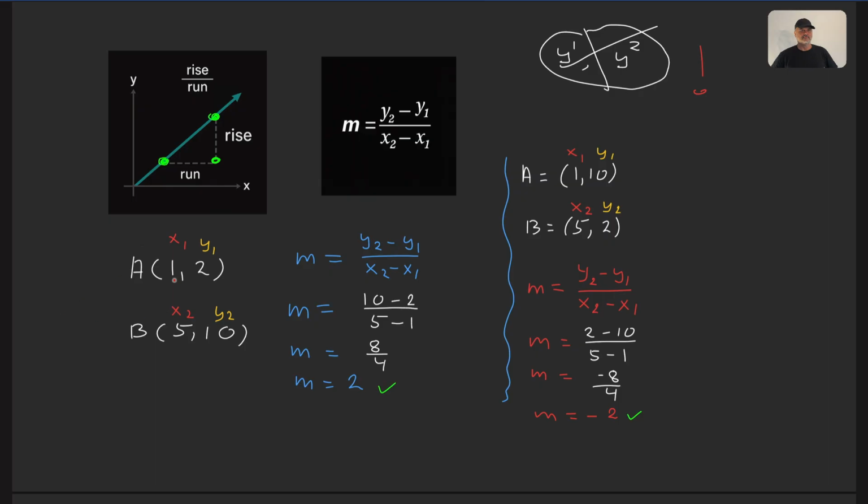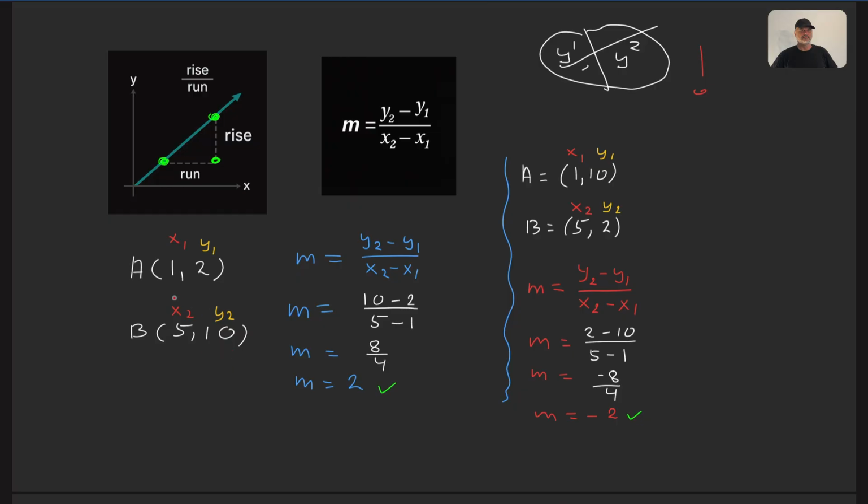So a good idea, always a good idea as you're learning, is to label. Let this be x1, so then this coordinate is y1. If you choose A to be the first, then obviously the other point will be the second. So this is x2, the x coordinate, and the second coordinate, 10, is y2.